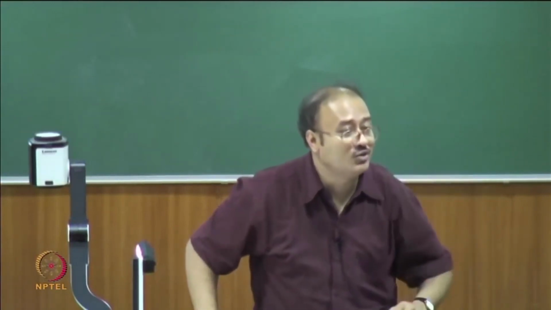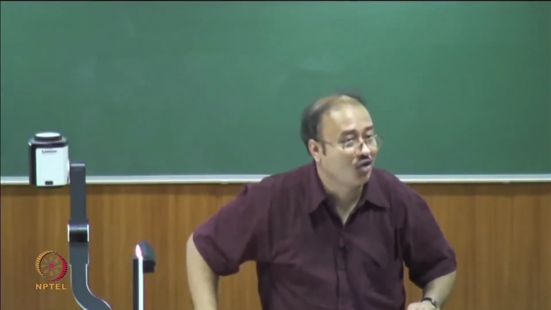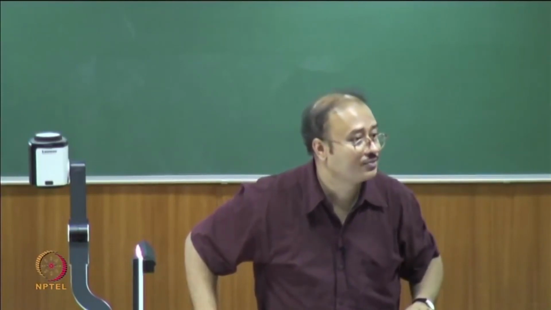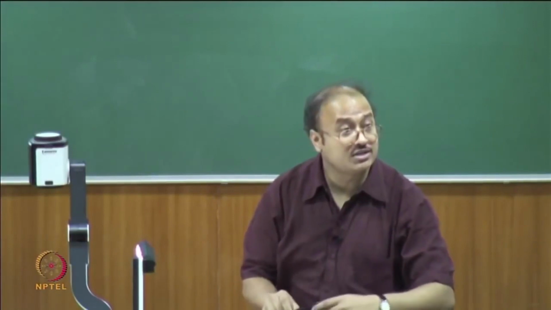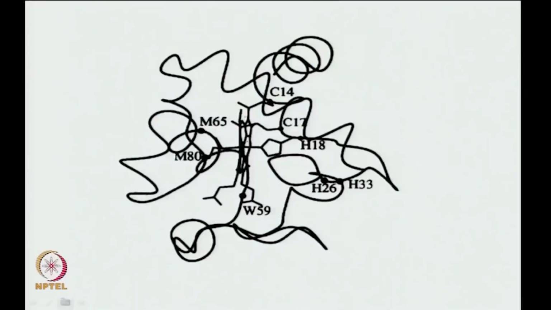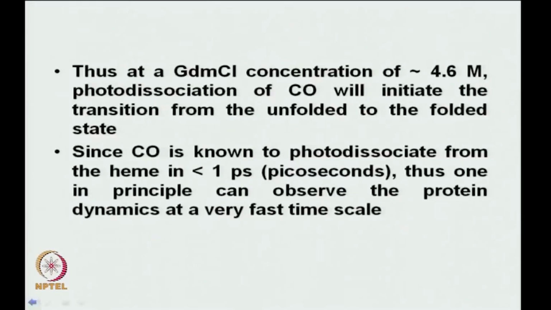So, is not this the one which gives you the fastest time of whatever techniques you have discussed? So, here therefore, this is the one which gives you the fastest time scale for you to monitor protein folding, and that is what it says. This one in principle can observe the protein dynamics at a very fast time scale, that means from 1 picosecond and higher.